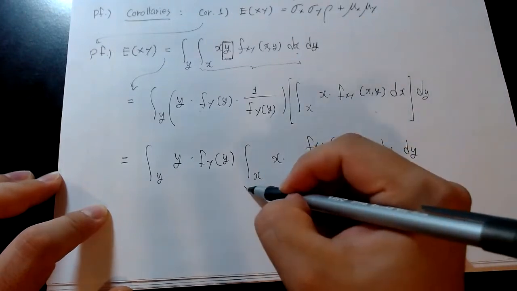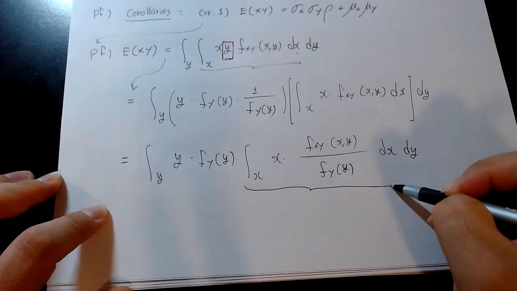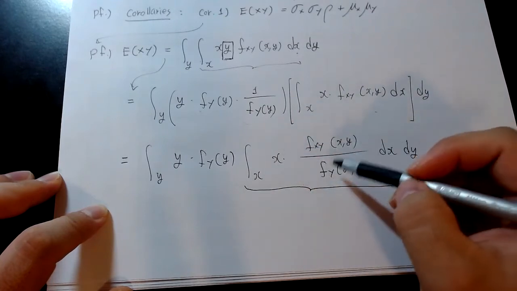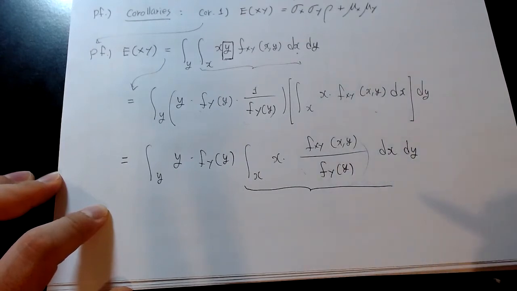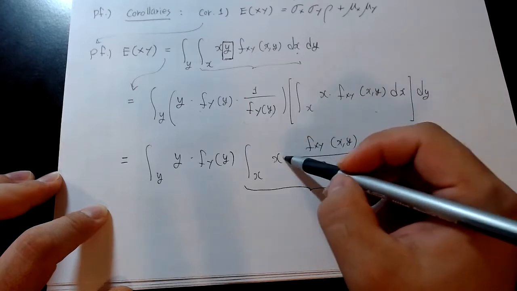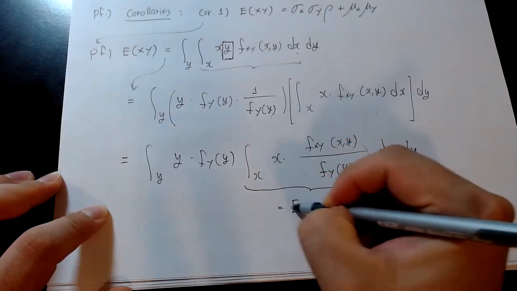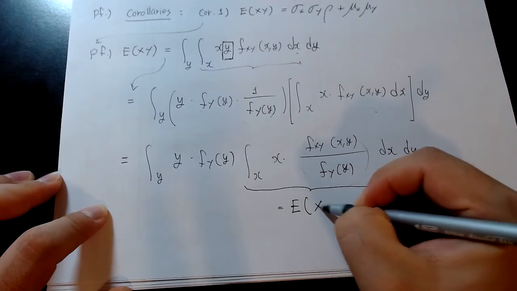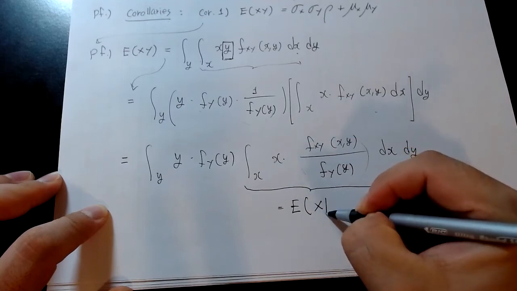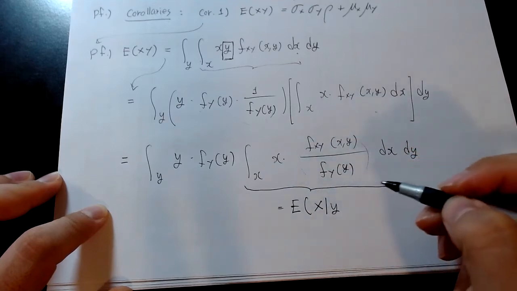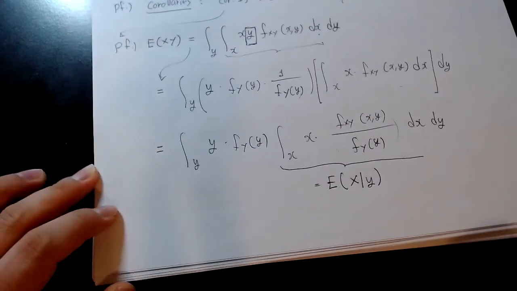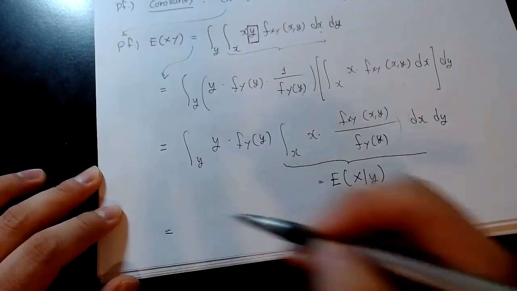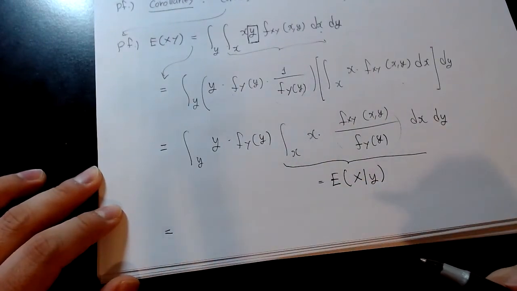But you see, f(x, y) over f_Y(y) is the conditional probability density, right? So that's going to be the expected value of X given the y value.